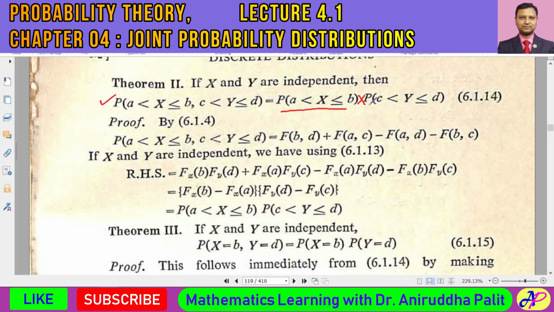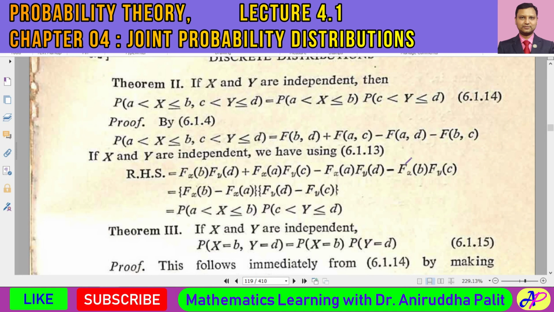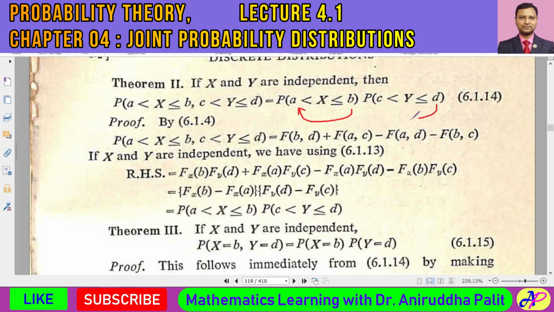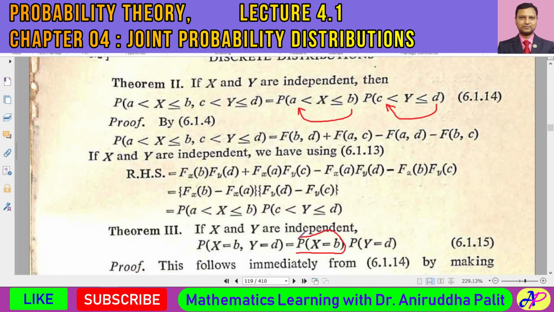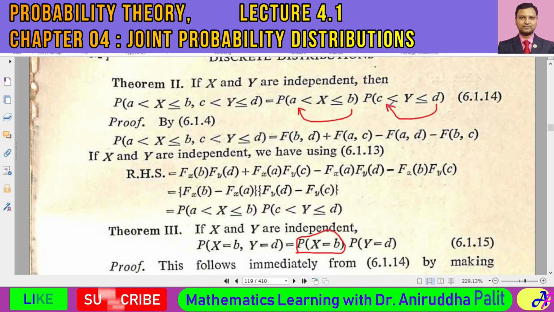Even at a particular point, in this example, if you take the limit b tending to a and d tending to c, this expression would be the probability that x is equal to a, and similarly the probability that y is equal to c.